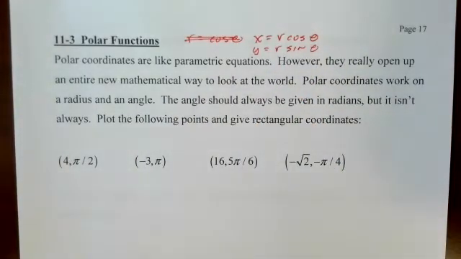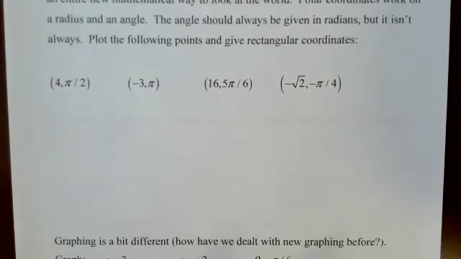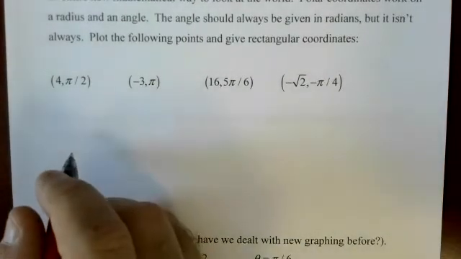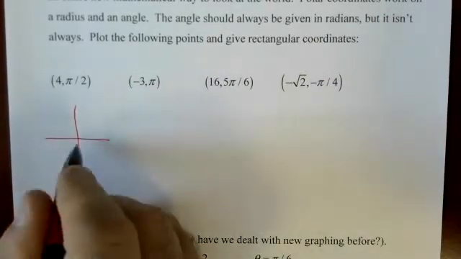So they open up a whole new world of mathematics, stuff that you're like, oh, I know how to do this. And then suddenly you get hit with this, and it's suddenly very different. So we're going to plot these and give the rectangular coordinates a polar coordinate system.